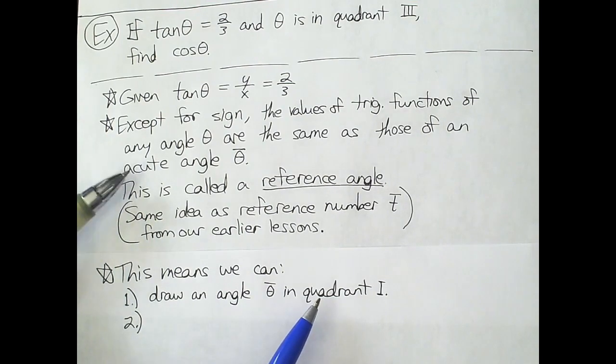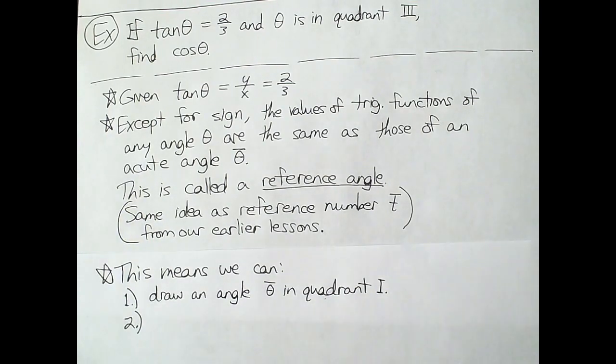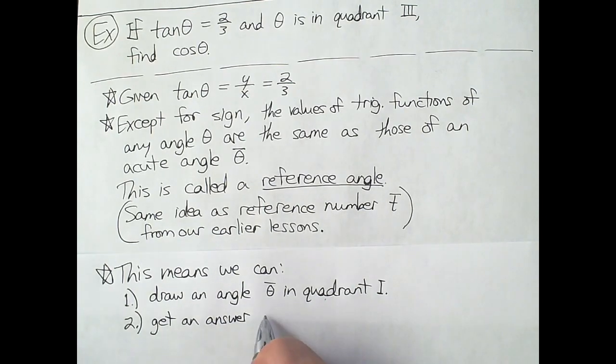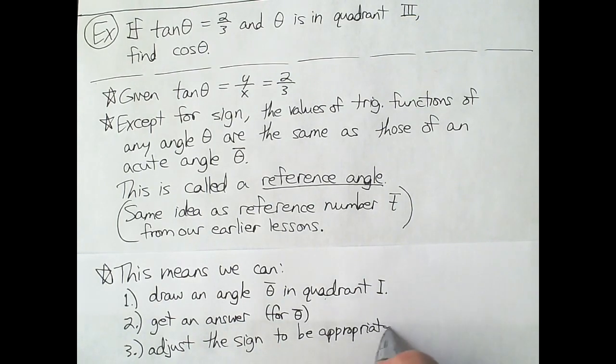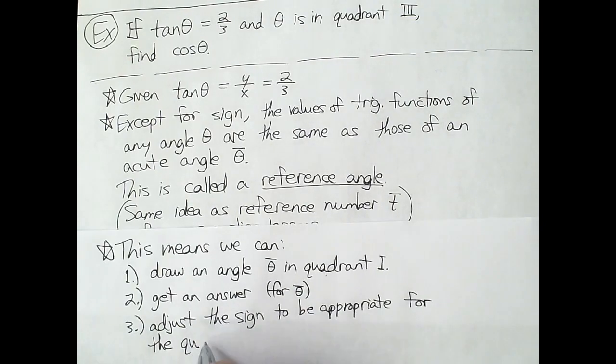Number 2, we can get an answer, basically the answer for theta bar. And then step 3, adjust the sign, S-I-G-N, to be appropriate for the quadrant given in the problem.